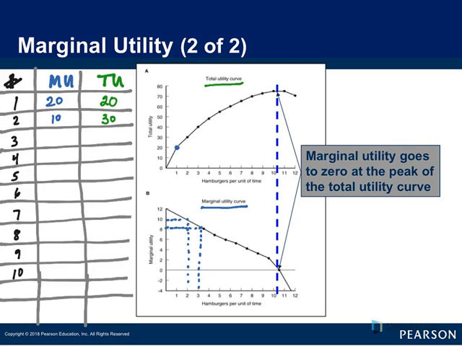It may be as high as 9, but I'm going to put down 8. And if that's the case, the total utility is 38. And we can continue to fill out the rest of the table.